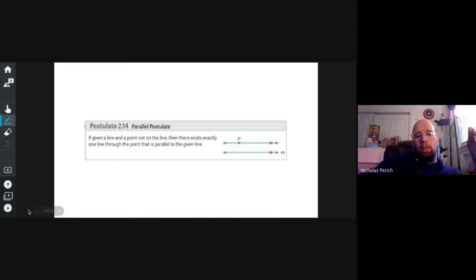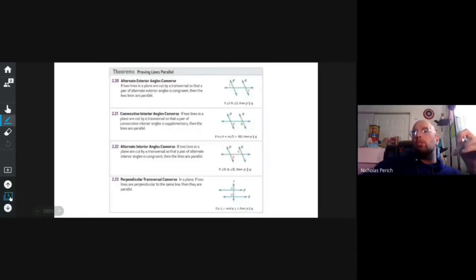Parallel postulate: if given a line and a point not on the line, there exists exactly one line through the point that is parallel to the given line, something that we will probably never use. This is the converse of what we learned last time.